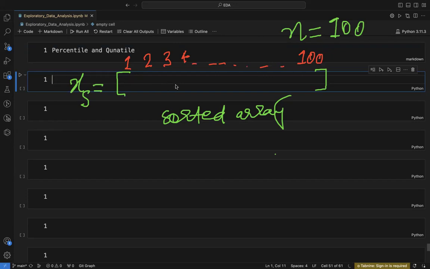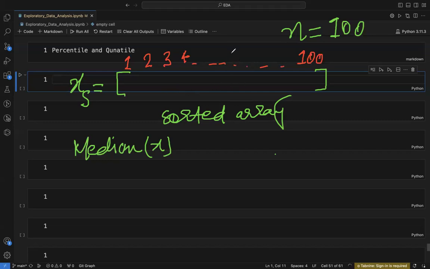Now, because there are 100 values here, what will be the median? Median of x is what I am calculating here. Since I have already sorted these values, we take the 50th value corresponding to the 50th index.